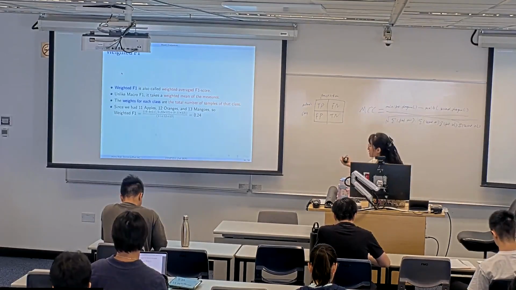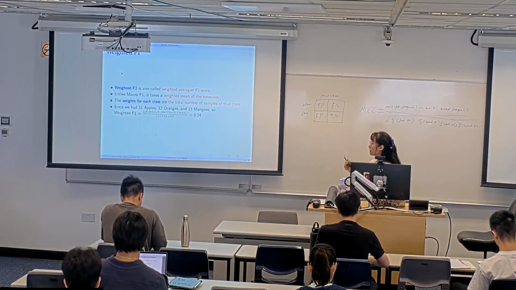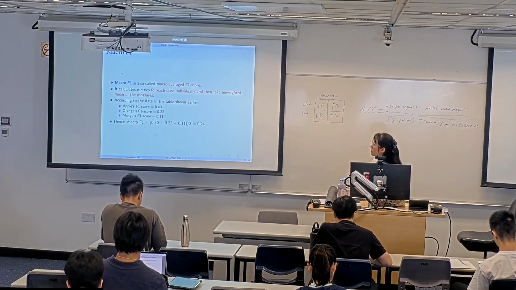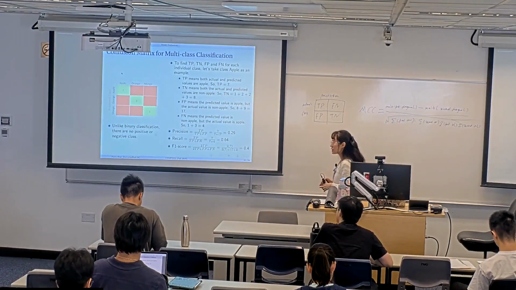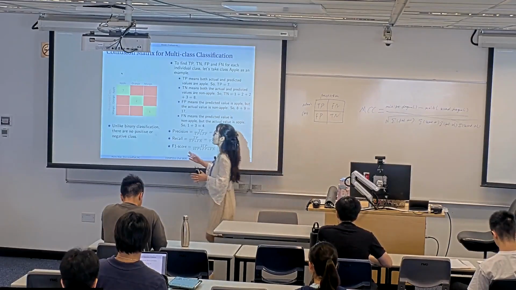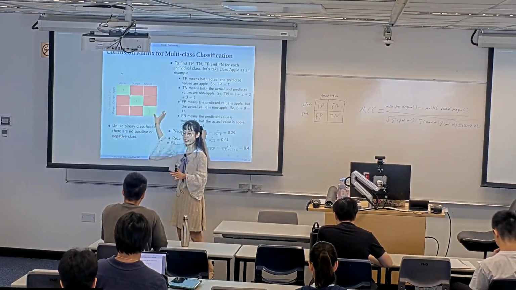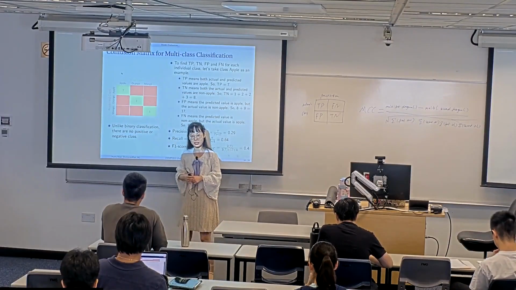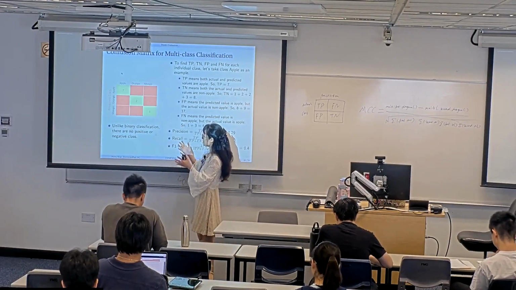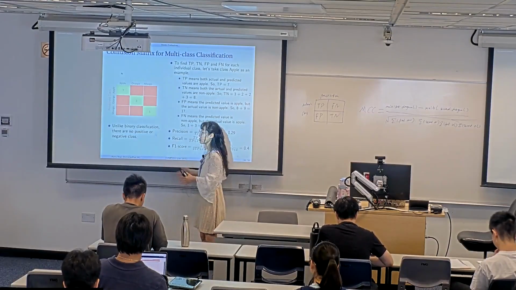So let's sum up a little bit so that you can know how far we have gone so far. For multi-class classification, first you need to summarize all of your prediction cases in a confusion matrix according to how many classes you have. If you have 4 classes, then you need a 4 by 4 confusion matrix.